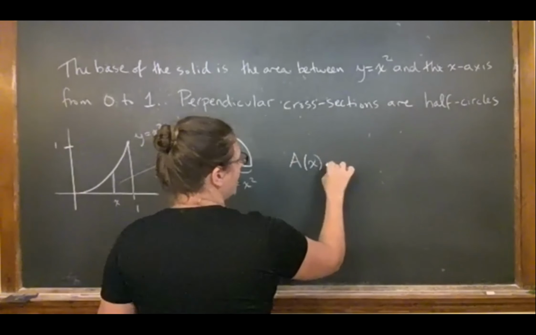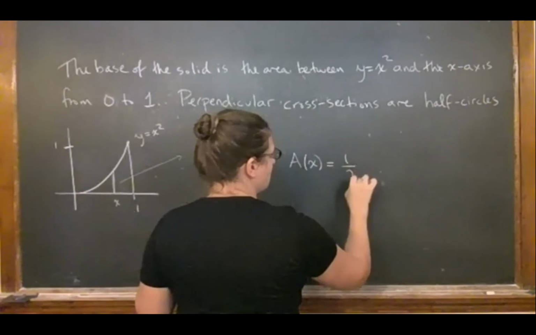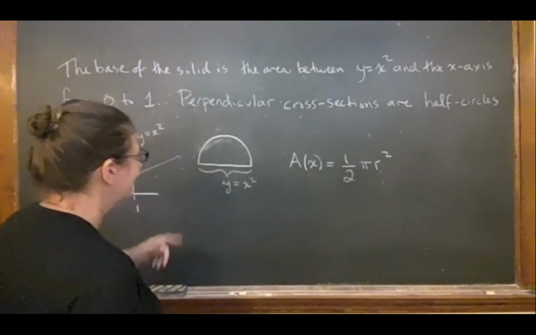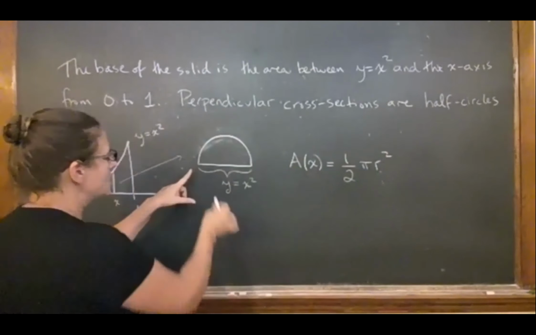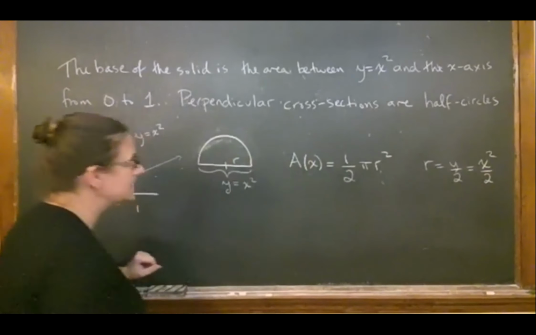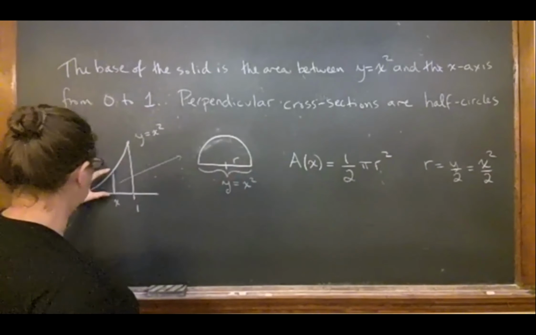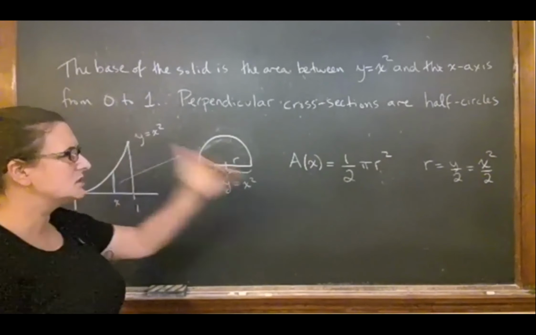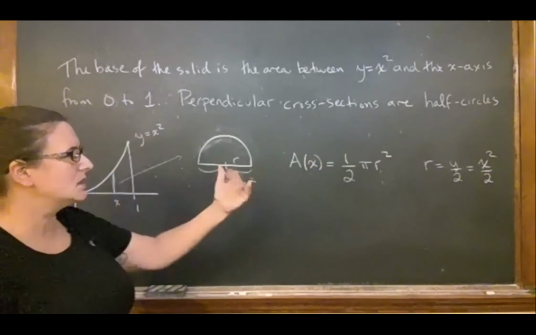Area of the half circle is going to be 1/2 pi r squared, right? Now we know the y is the whole distance, so we want the radius to be half the distance. We can see that the radius then is y over 2 or x squared over 2, right? Because the whole distance is going to be the diameter. And then we just can plug that in here.